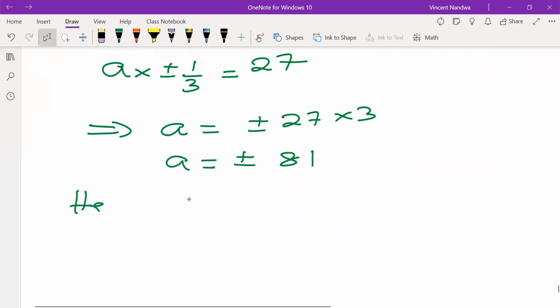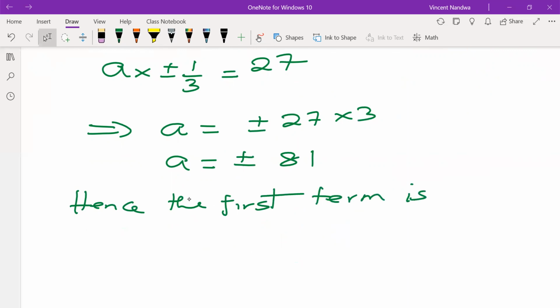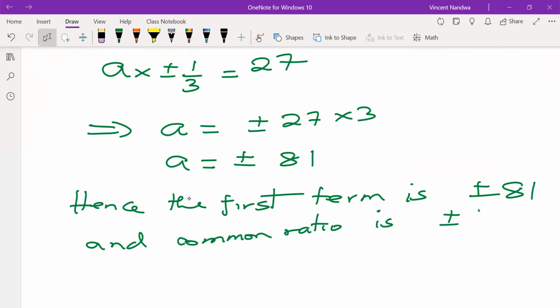Hence, the first term is plus or minus 81, and the common ratio is plus or minus 1 over 3.